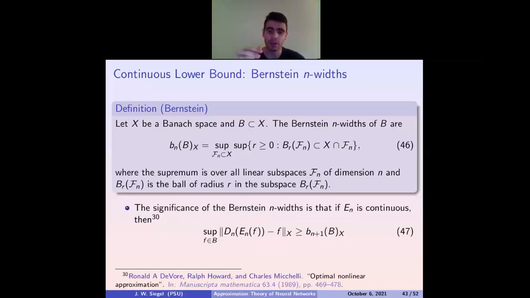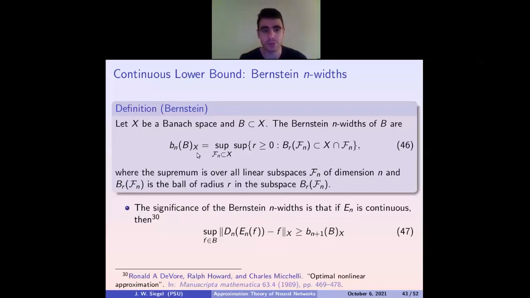You take the largest ball in your subspace that's contained in the set B. This should be a B intersect Fn. It's a typo, sorry. So you take the largest ball in your subspace of dimension n that's contained in the set B, and then you take the subspace for which that ball is largest. That's what the Bernstein n-width is.